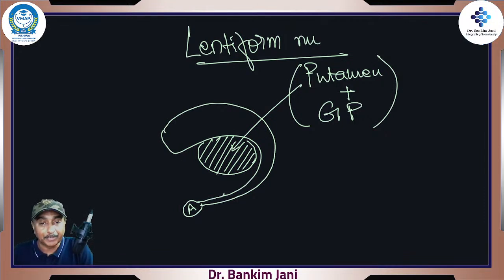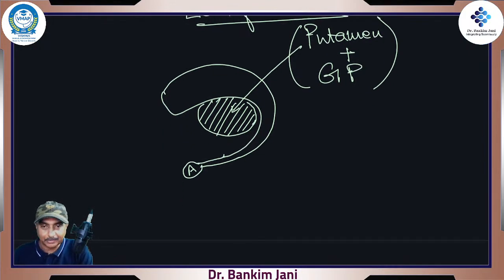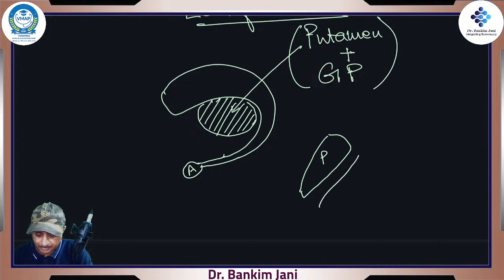Now for the putamen, if we take a section, we start drawing it. This is how we'll keep on constructing it. Three nuclei we talked about. So let's say this is putamen, and over here there is globus pallidus.